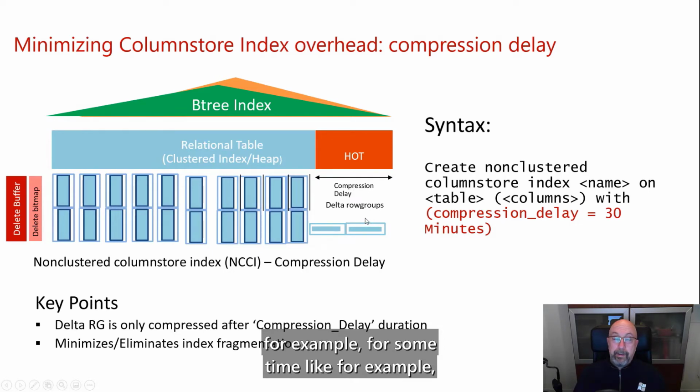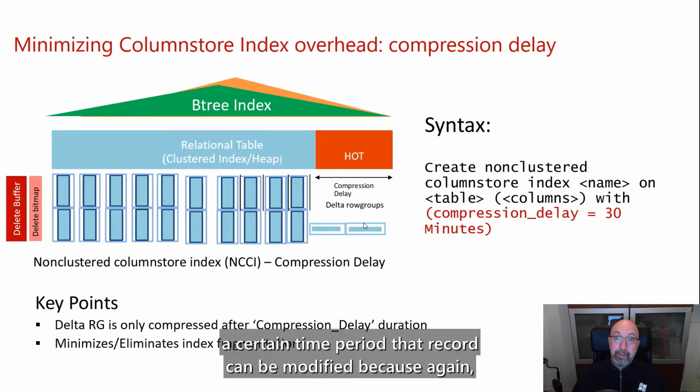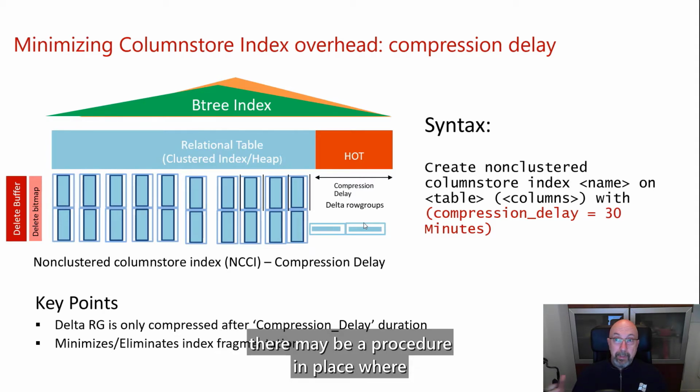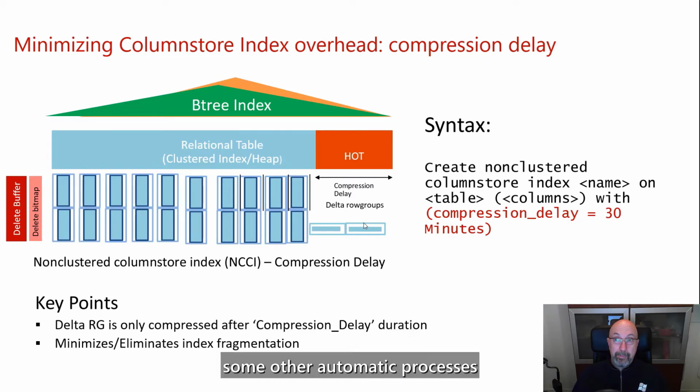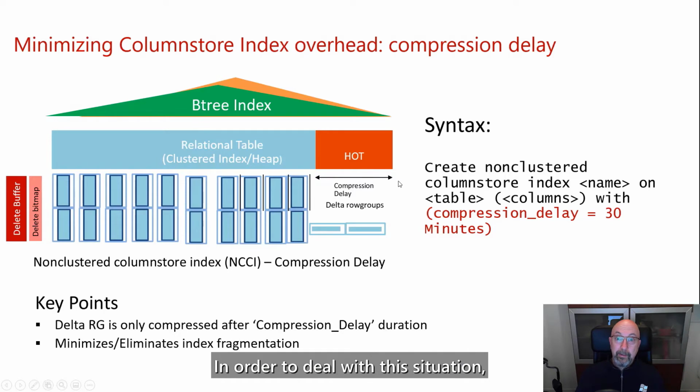For example, when I'm inserting a new order in my system, over a certain time period that record can be modified, because there may be a procedure in place where customers can update it, or some other automatic processes that keep modifying that record for a given amount of time, right?